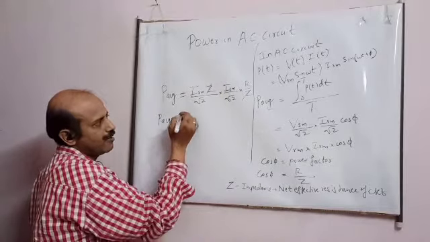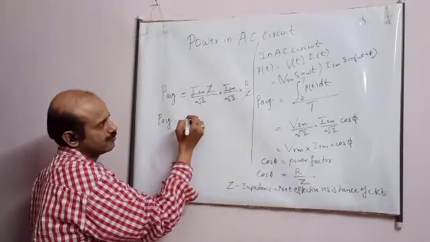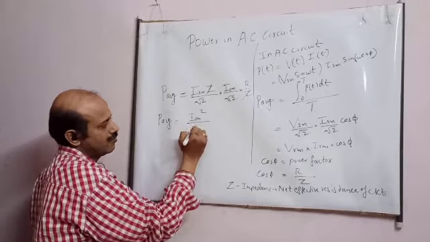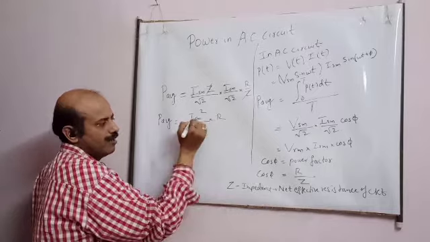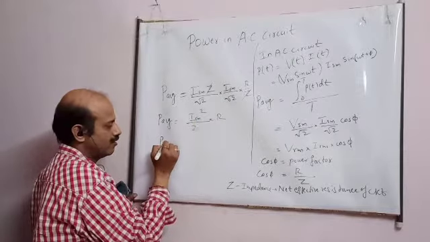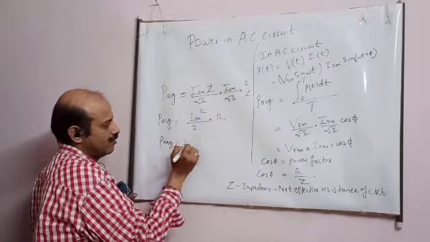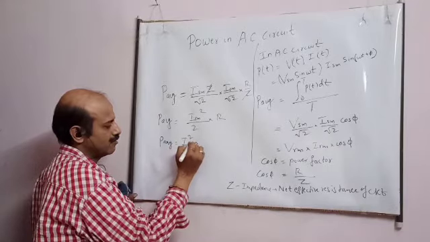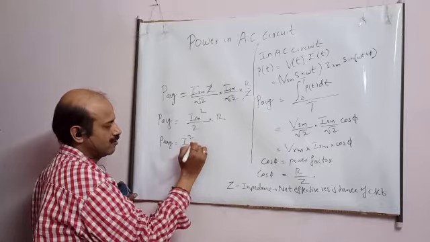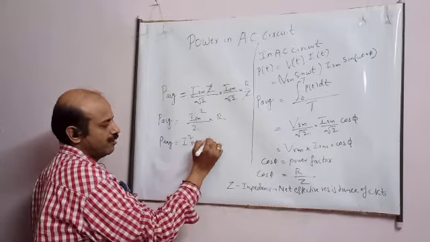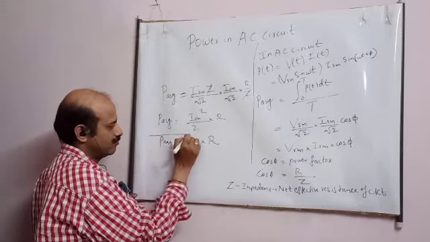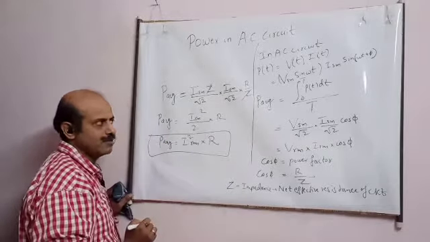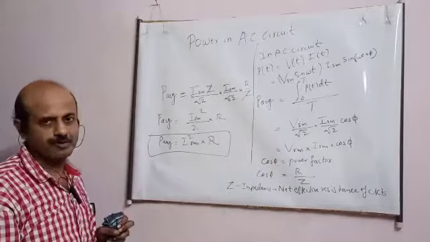So average power is ISM square by 2 into R, and this is, student, I square RMS into R. This is another formula of average power, student.